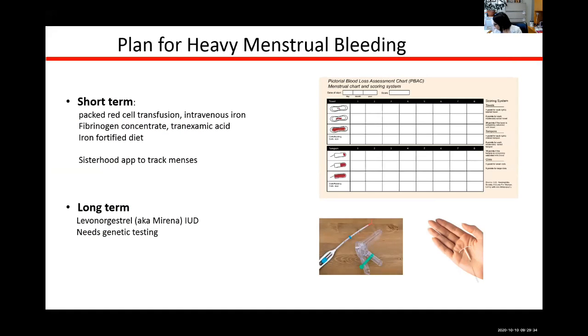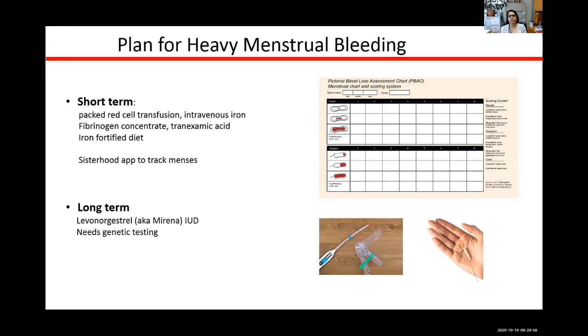So the plan for her heavy menstrual bleeding was twofold. In the short term, because she needed a red cell transfusion and was symptomatic, she got IV iron, she also got a fibrinogen concentrate along with tranexamic acid, and she was counseled on consuming an iron-fortified diet.